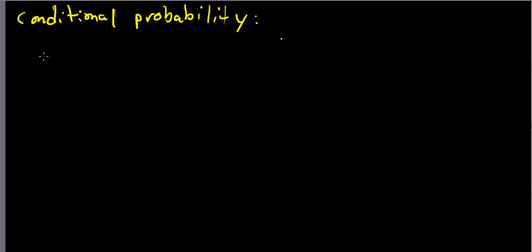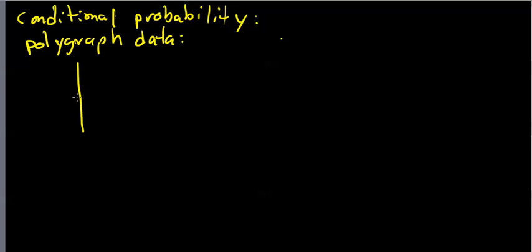All right, what I'm going to do is refer to the polygraph data in our chapter problem that we are very familiar with now. We've talked about this at least 4 or 5 times in class.